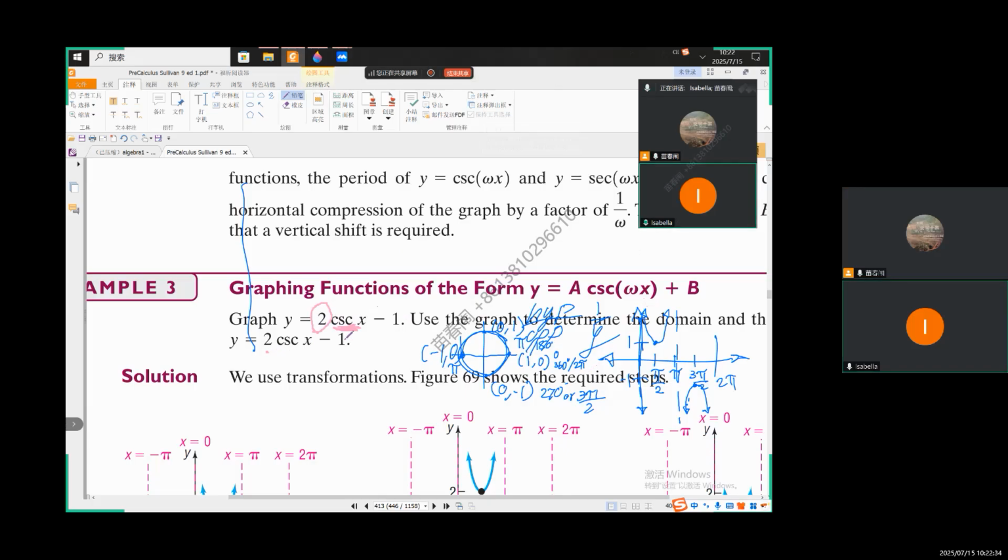Minus 1. Sorry, I forgot to add the transformation. I was just doing like y equals cosec x. Sorry, I was focusing so hard on that I forgot. Okay, I was just thinking about how to do that, making a 2. Sorry, I was just thinking about like.